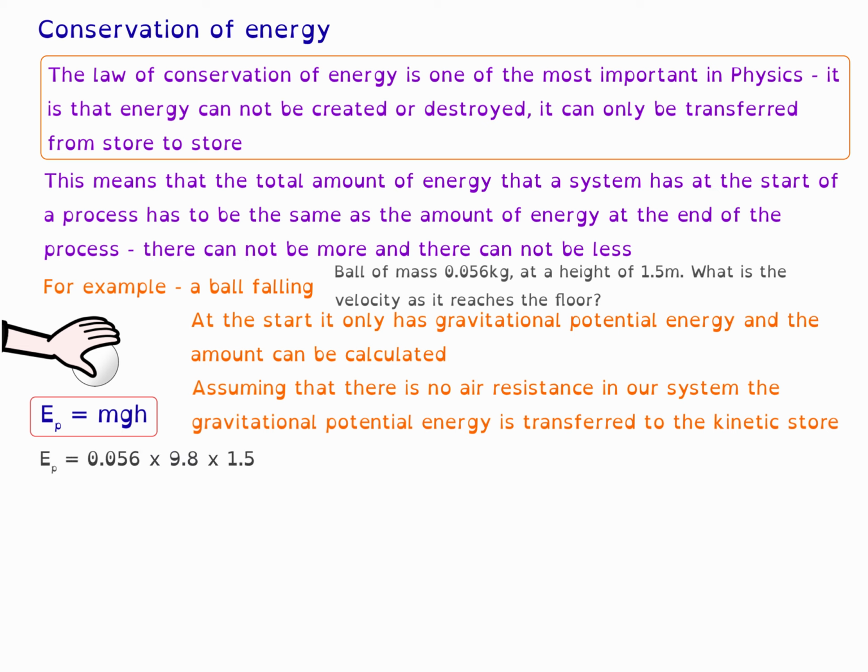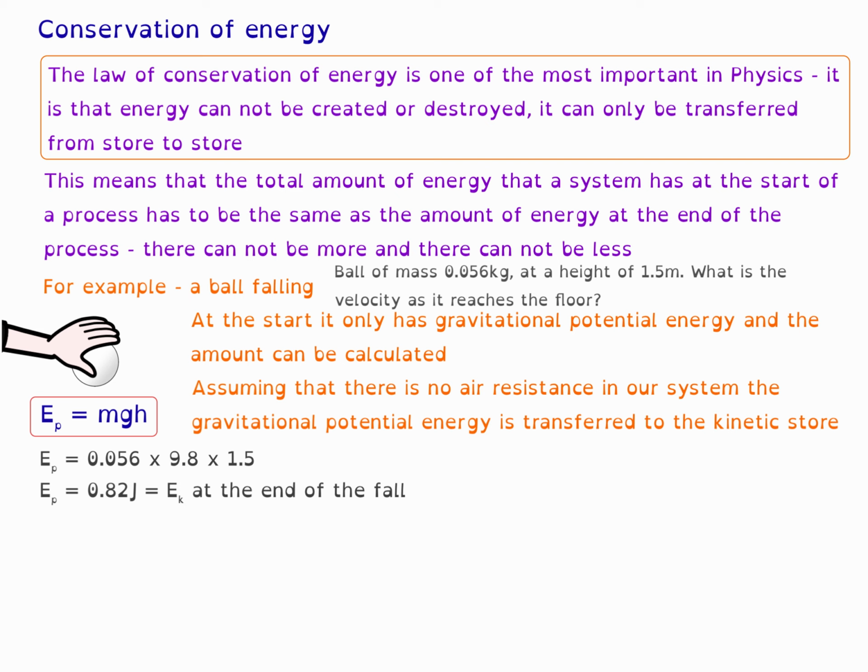The mass is 0.053 times by 9.8, which is the gravitational field strength, times by 1.5, which was the height of the ball above the ground. So you know at the beginning of this process, the gravitational potential energy of the ball is 0.82 joules.